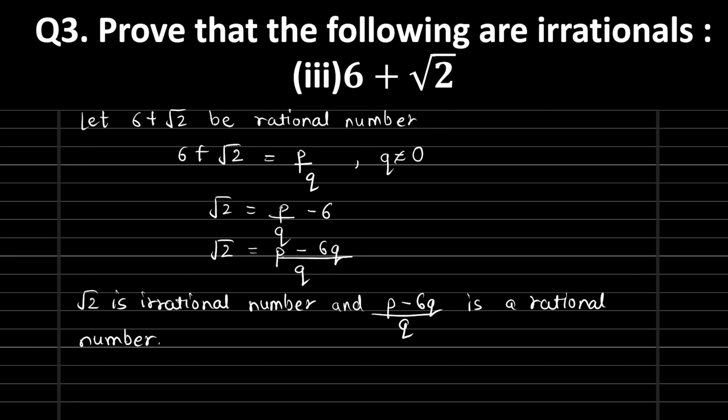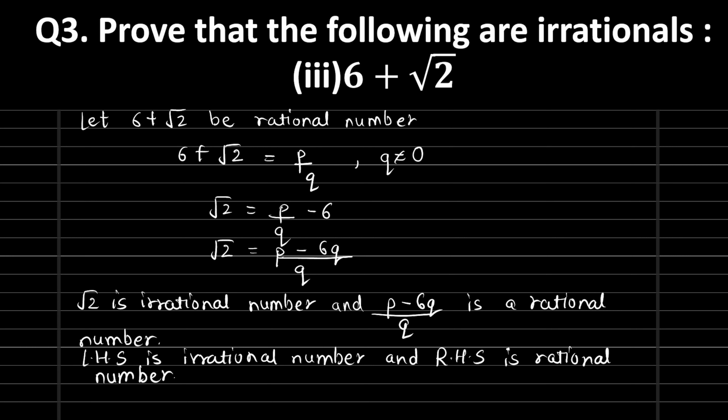So the left hand side over here is irrational, and the right hand side is a rational number.